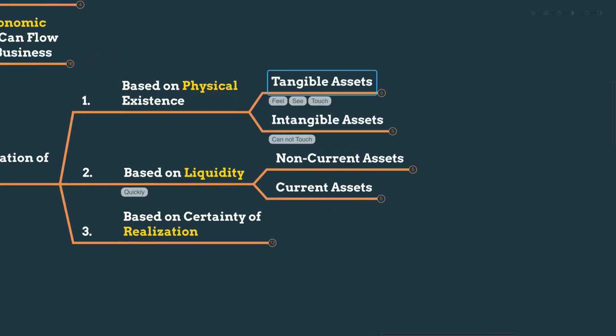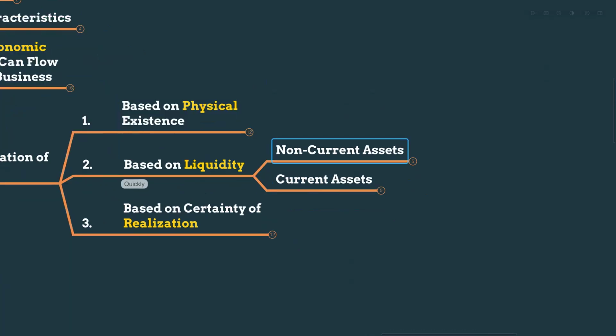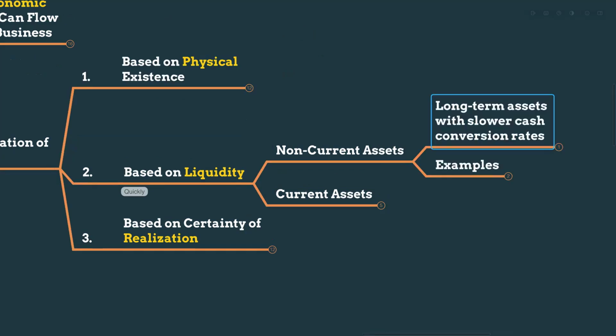Normally, my dears, in our balance sheet or statement of financial position, we classify the assets on a liquidity basis, as non-current assets and current assets, right? So what are non-current assets?